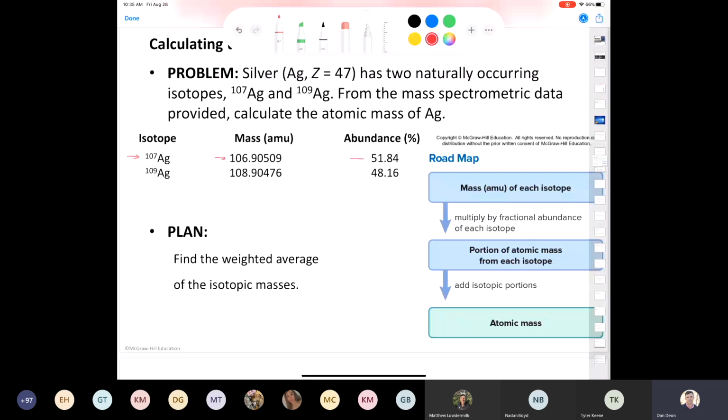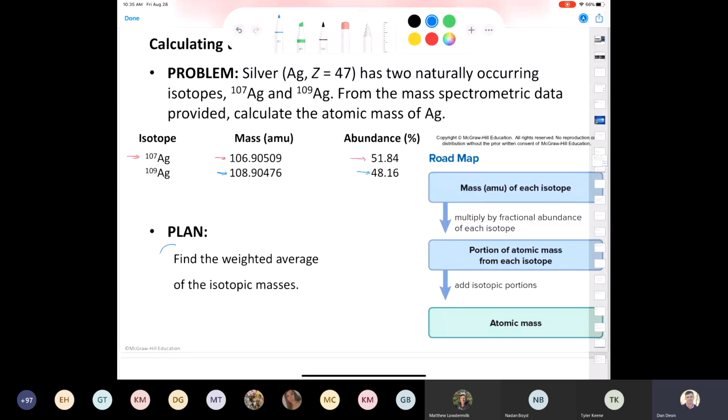It has a relative abundance of 51.84%. So if we have a mixture of silver, 51.84% of it is going to have the mass of 106.90, blah, blah, blah. 48.16 percent of it is going to have the mass 108.90476. So how would we do that?